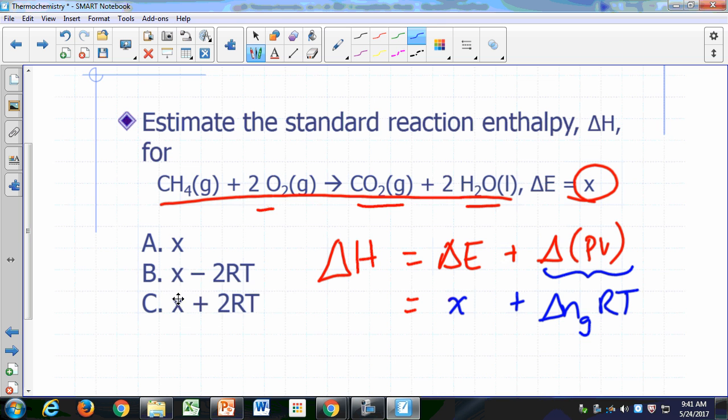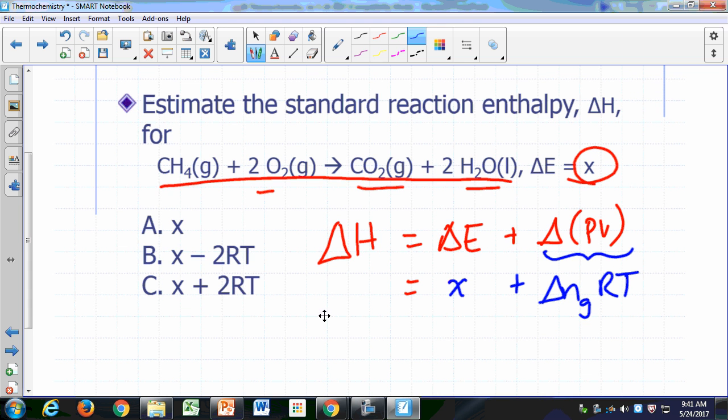For X amount of energy here, delta n gas is how much? Well, delta n gas is moles of gas on the product side minus the reactant side. What do we have? We have 1 mole of CO2 gas. The water is liquid, so that doesn't count.